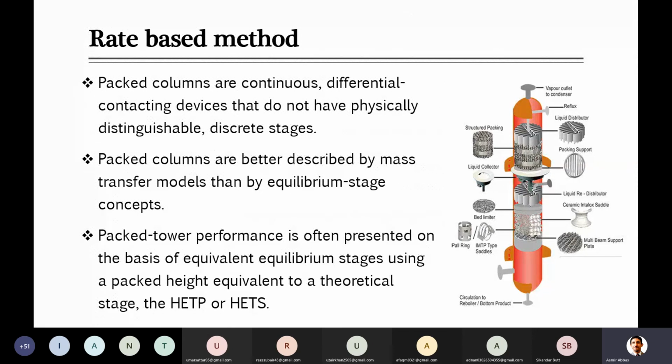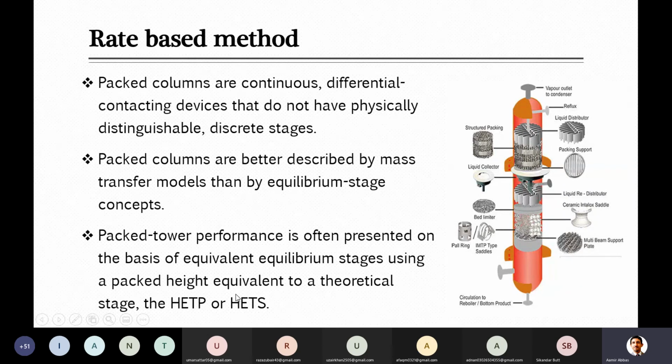So normally when packed towers are being used, their performance, or generally efficiency, is represented in terms of something called equivalent equilibrium stage, or height equivalent theoretical plate, or height equivalent theoretical stage. So what does that mean?